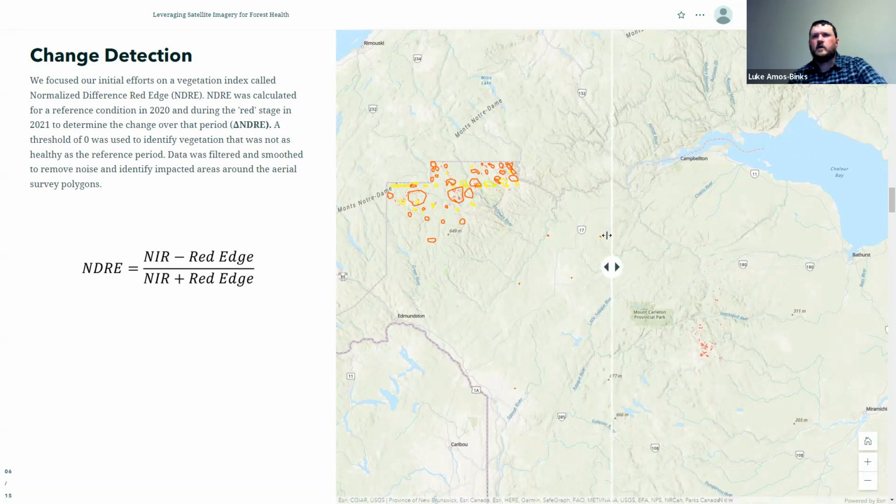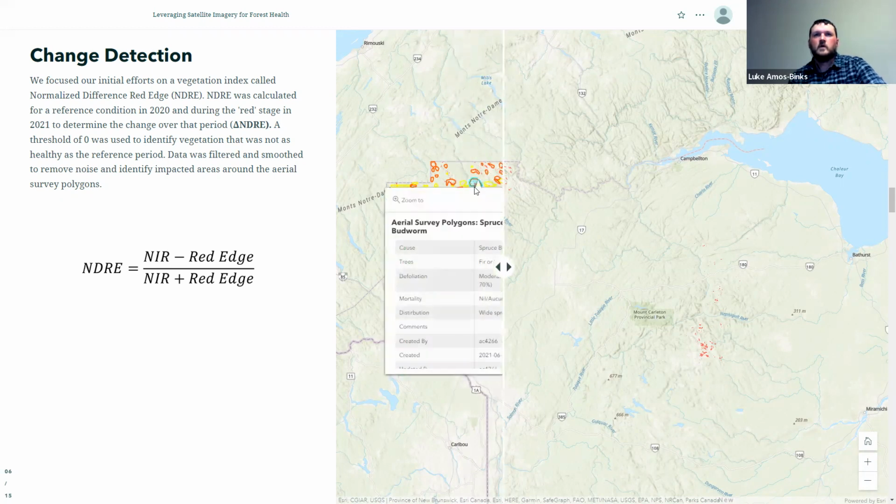So with this slider, I can just remove those aerial survey polygons and help you focus on the resulting change detection product that we were able to produce.